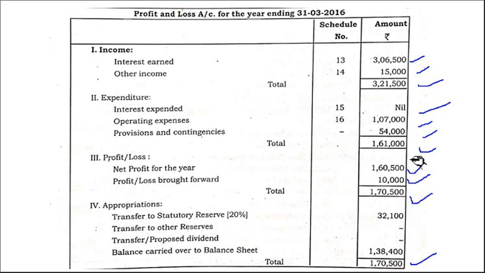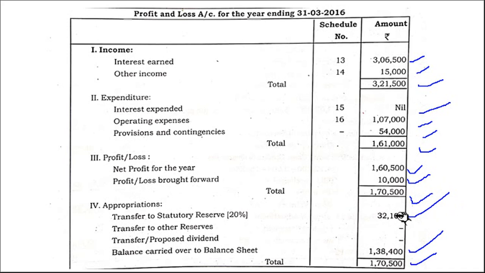So this one we have to take current year's net profit. 1,60,500 into 20%, 32,100. Transfer to other reserves. Nothing is there. Proposed dividend nothing is there. So balance carried over to balance sheet, 1,38,400. Look at these two figures very carefully. 32,100 statutory reserve. Profit and loss account balance carried forward to balance sheet 1,38,400.